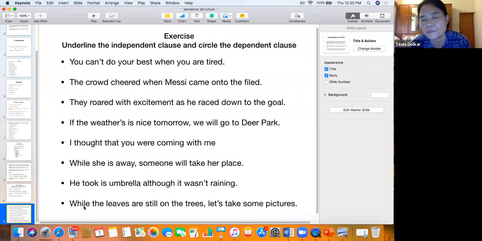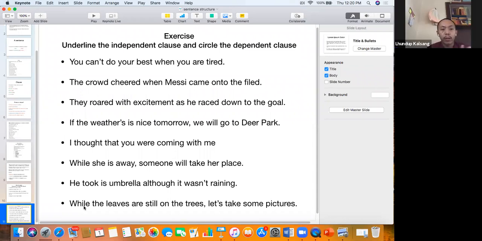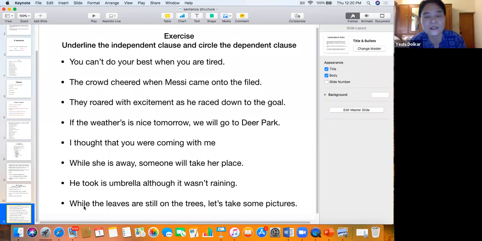The subject is "us". But this kind of sentence is called an imperative sentence, a request or command.